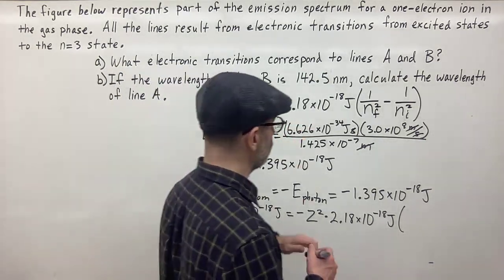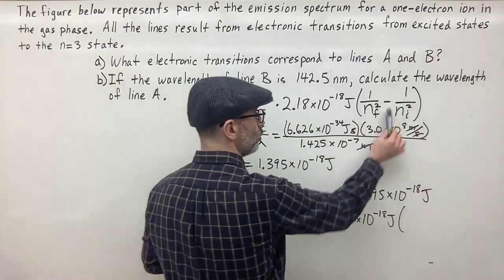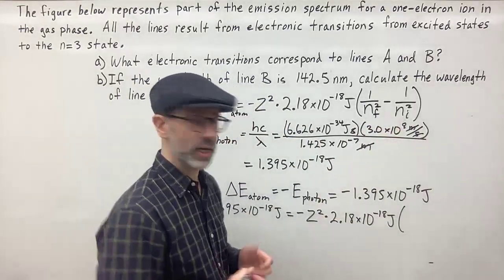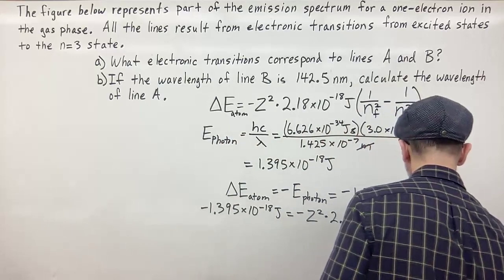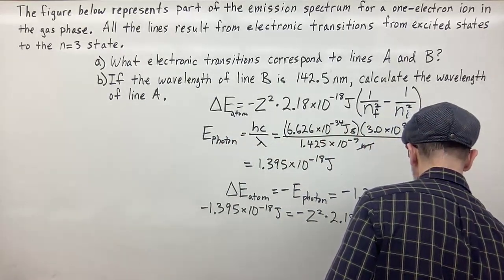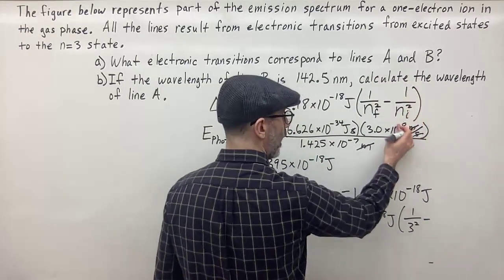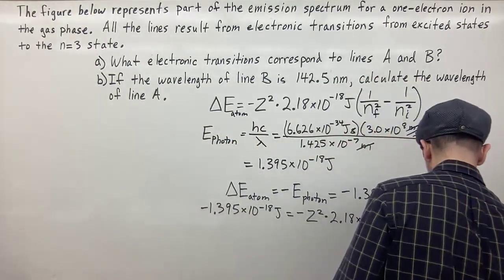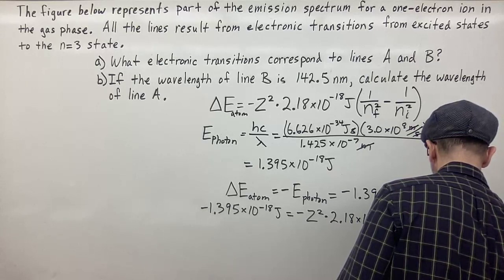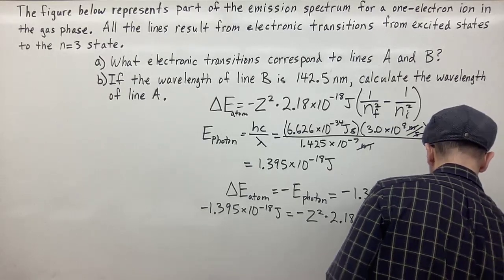So it went from 5 to 3. So the final energy level was 3. So that's going to be 1 over 3 squared minus 1 over 5 squared, because the starting energy level was 5.